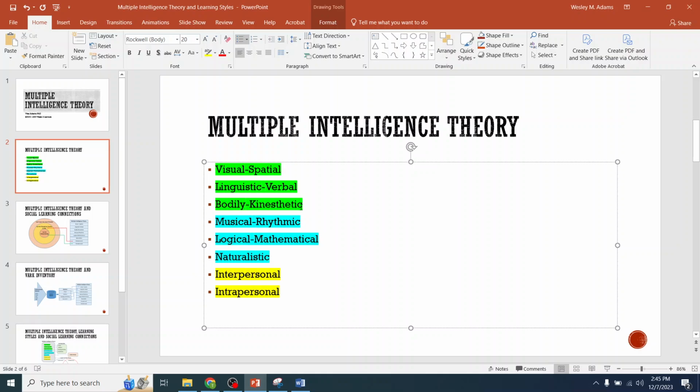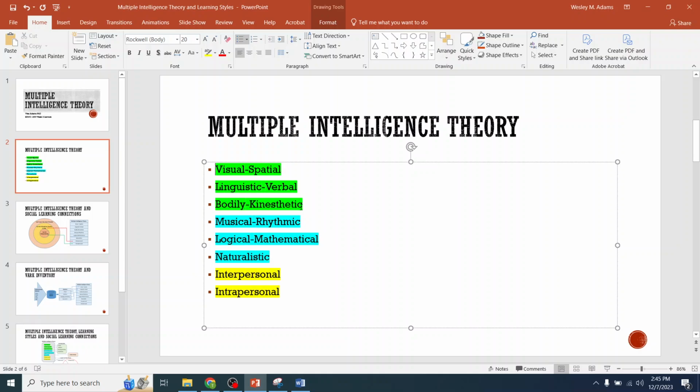I'll be way more efficient at taking that information in if I have some sort of hands-on component or some sort of project to apply it to. So for me, the big ones are visual spatial, verbal linguistic, bodily kinesthetic, if we're looking at Howard Gardner's theory.